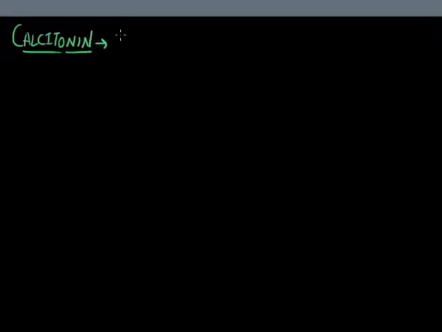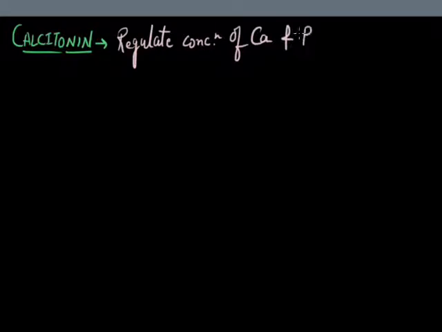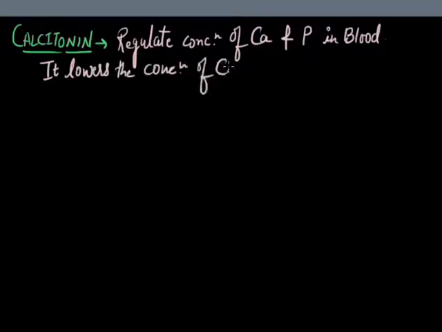Calcitonin regulates the concentration of calcium and phosphorus in blood. This is its main function, and it lowers or decreases the concentration of calcium and phosphate in plasma.